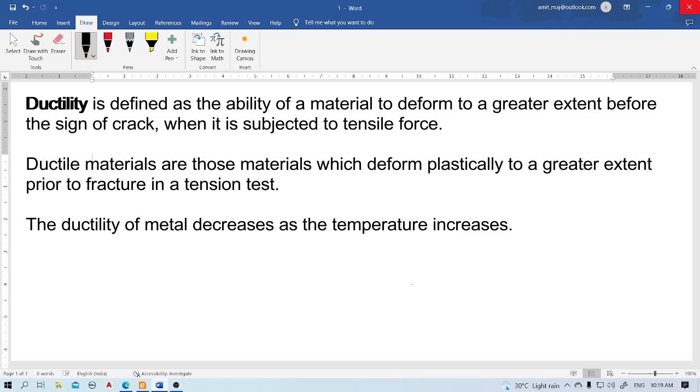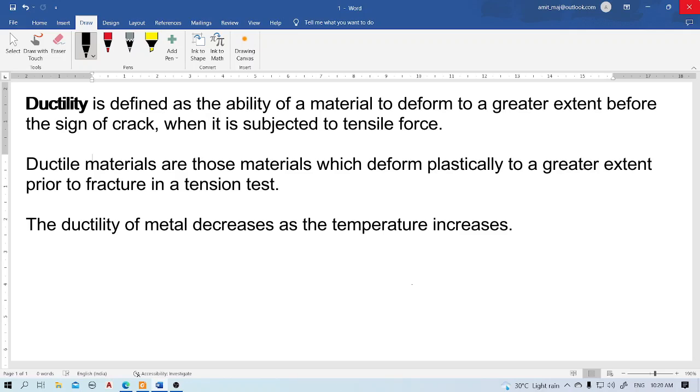Both properties are in the category of deformability. Both are signifying the deformability of a metal. But what is the difference between these two? The difference is only based on the type of force, because ductility is applicable for tensile force, whereas malleability is applicable for compressive force.